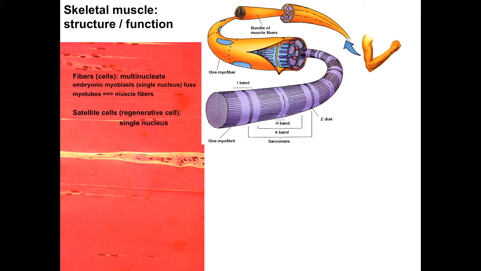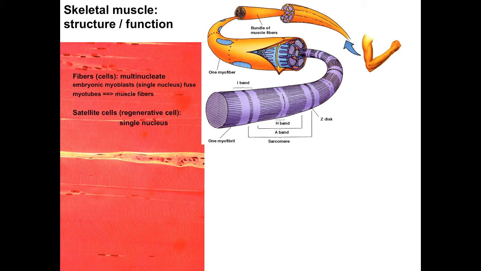Let's talk a little bit about skeletal muscle in relation to structure and function. Before I do that, let me just remind you of something. You may have had this early in your medical school training in embryology, but remember that embryonic muscle cells, myoblasts, are cells with a single nucleus, and these myoblasts fuse to form myotubes.